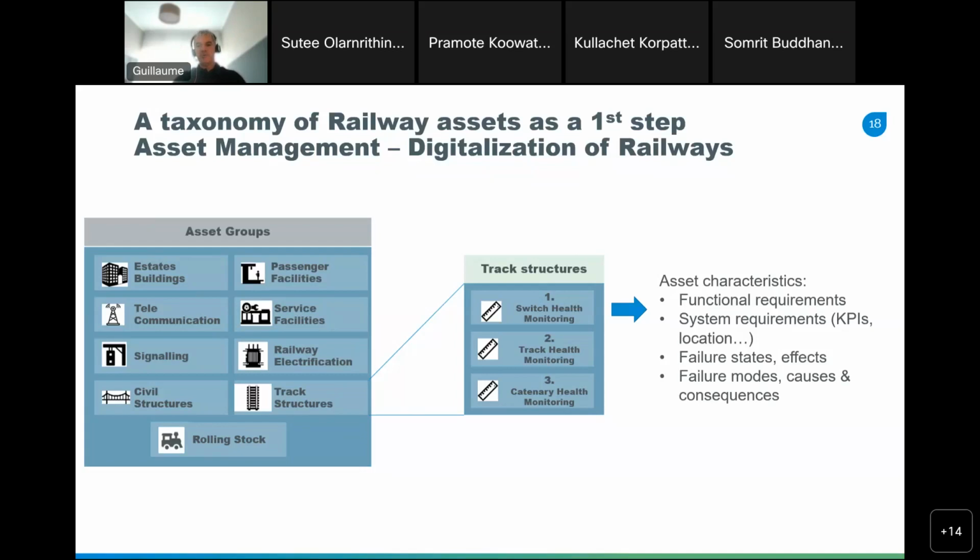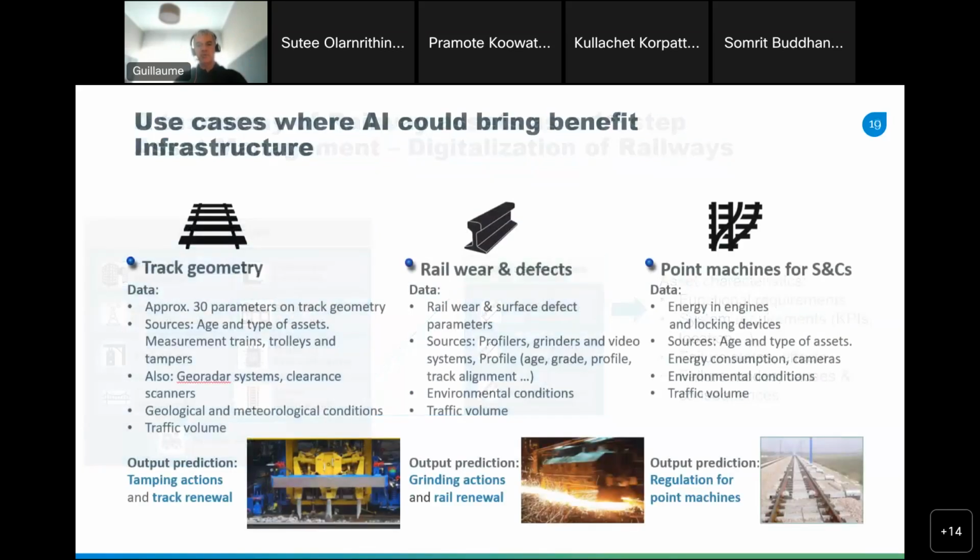Then I put also some use cases here where AI could bring some benefits. So we have already started the assessment. Here, just for your information, is the infrastructure domain first. The first one is about track geometry, where approximately 30 parameters can be monitored and diagnosed.